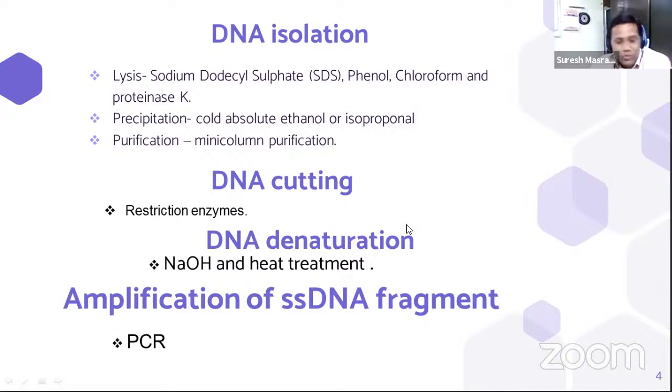Thus, we have to do the biopsy, take out the tissue, crush the tissue, and disintegrate the cells. After disintegrating the cells, we have to disintegrate the different cellular parts which may be attached to this DNA molecule.